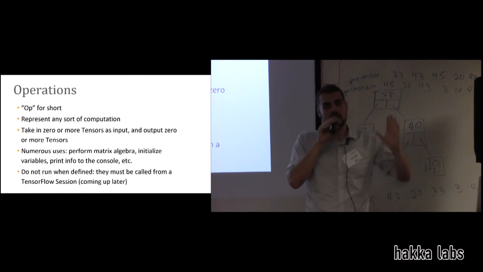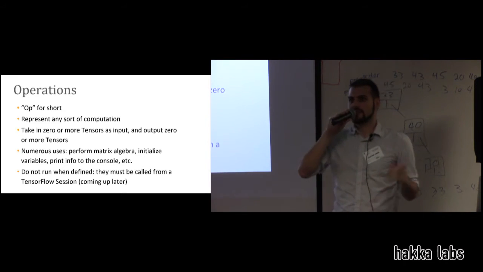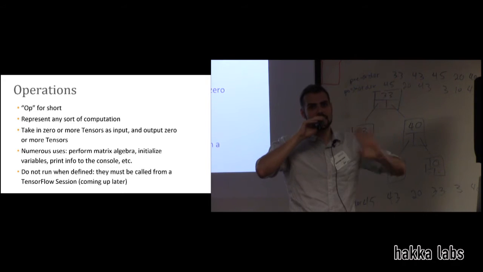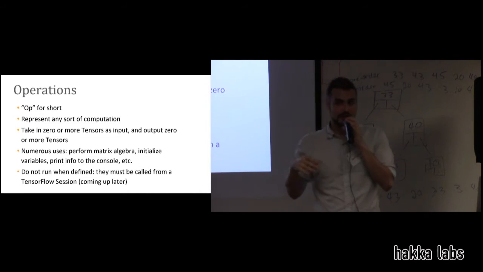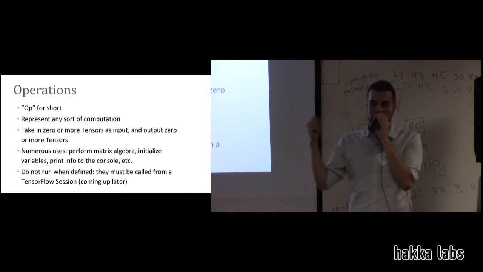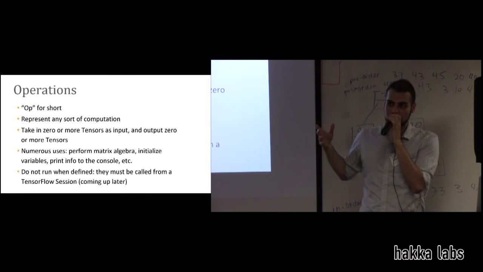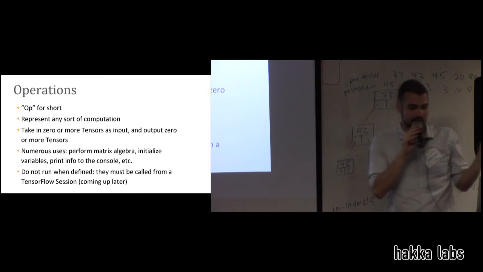So when you say A equals 1, and B equals 2, and C equals tf.add of A and B, you won't get the number 3. You'll get a handle, a TensorFlow operation, which, if you run it, which we'll go over later, will return 3.